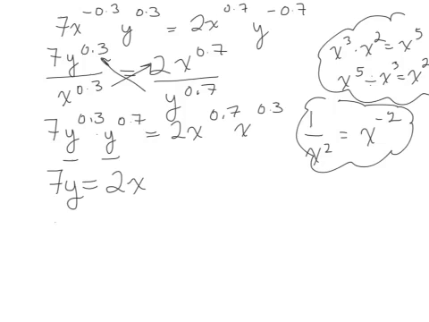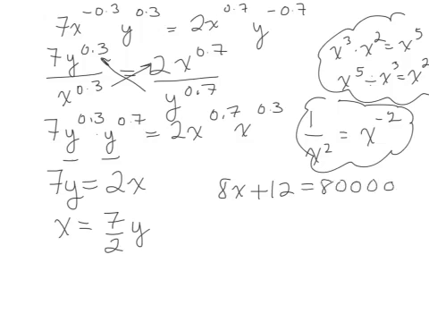So if we isolate for x, you could also isolate for y, we have x equals 7/2 y. Now we substitute 7/2 y into our constraint, and I'm going to remind you that our constraint was 8x plus 12y equals 80,000.